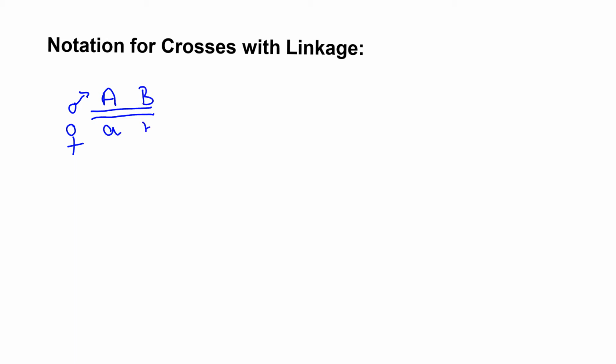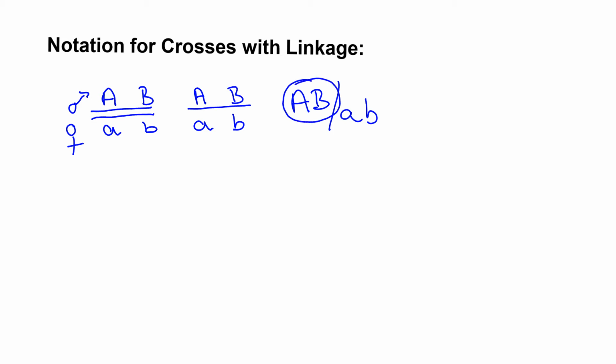You can simplify it by using only a single line, and it notates the same, two linked genes. Even more simple notation is if you just use a slash. In this case, if you see this notation, you will know that two dominant alleles are located on one chromosome and two recessive alleles are located on the second chromosome.